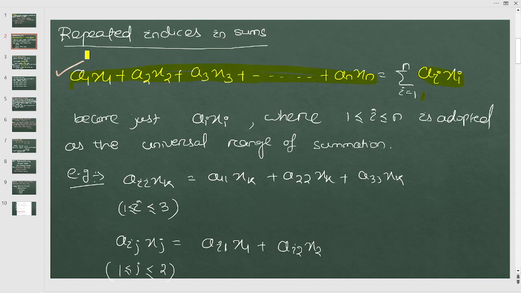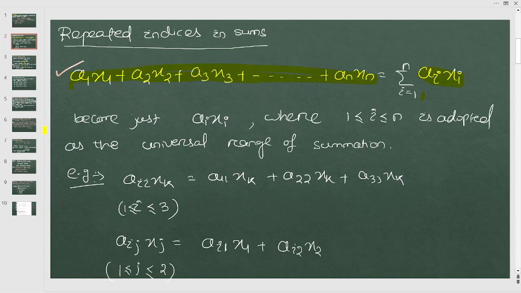We call this the universal range of summation. In order to write that many terms, we minimize them using summation, and to write the repeated indices in sums, we write like this, as I have written here.